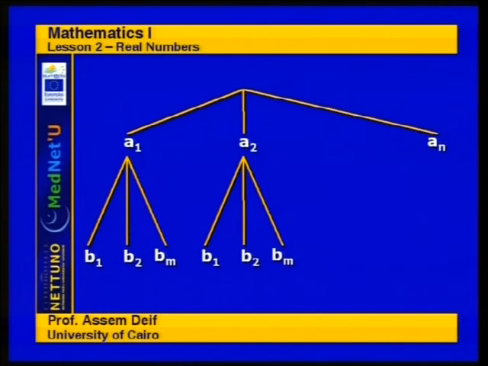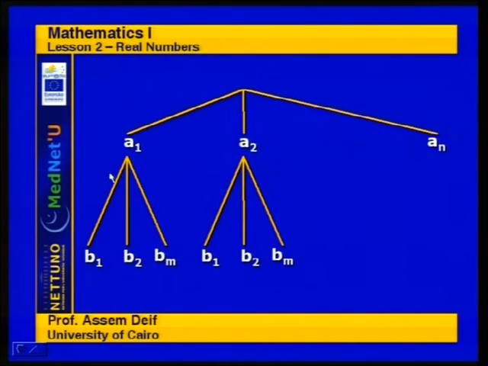This can actually be exemplified using this kind of tree, where you have primary branches which relate to the elements of A, as shown here, A1, A2, or A3. And you have secondary sets of branches pertaining to the set B. So if you want the Cartesian product of the set A cross B, what you do is enumerate all these secondary branches.